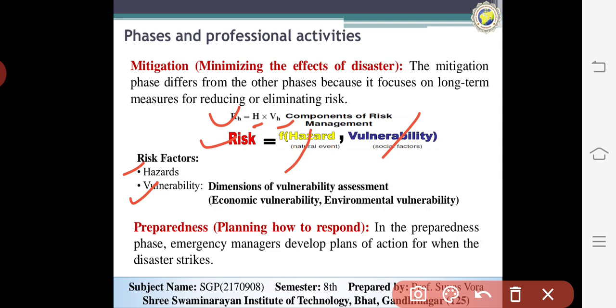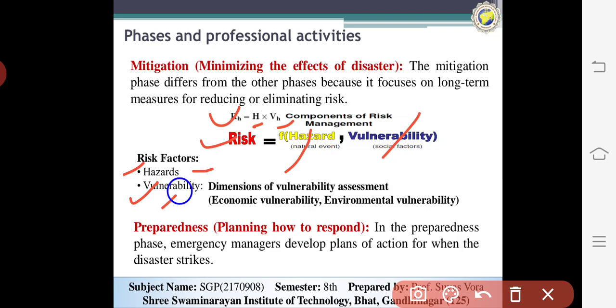Now the hazards: potentially damaging events whose probable characteristics and frequency of occurrence can be established or estimated. It means we can estimate the damaging events and their probable characteristics and frequency of occurrence.